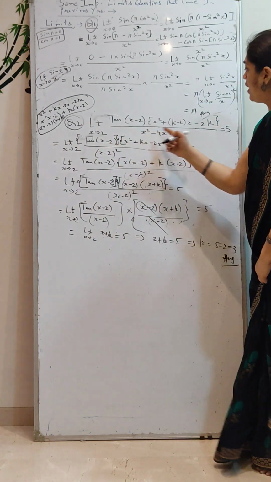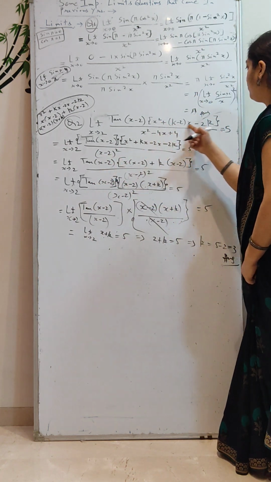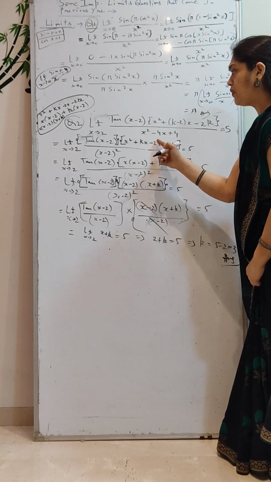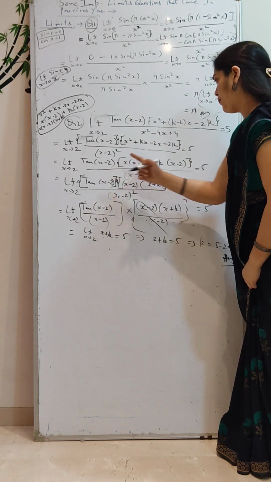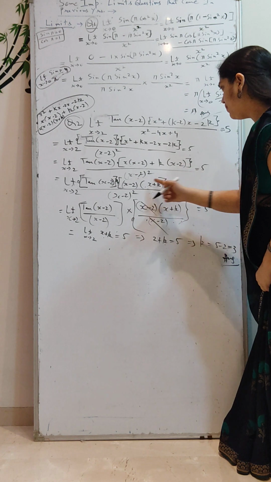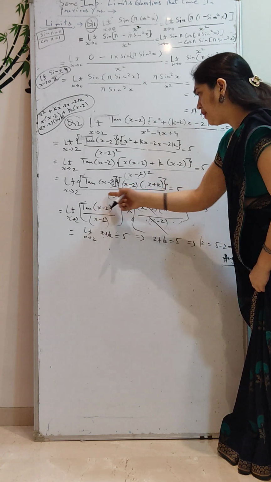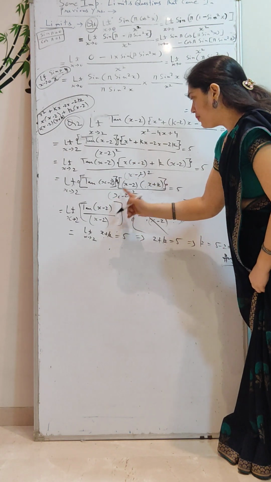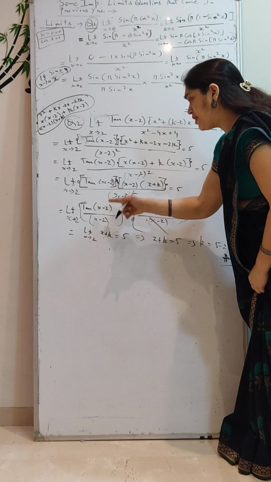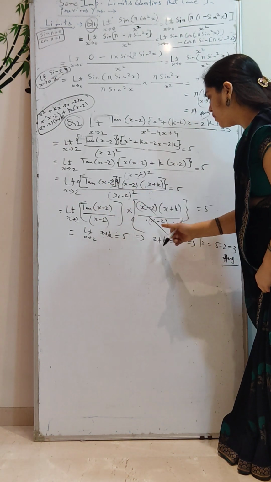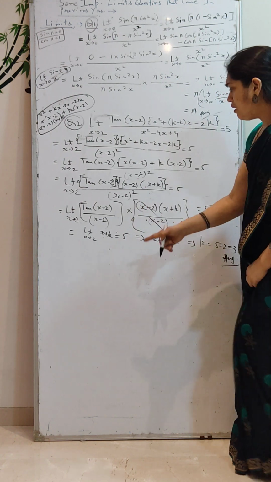The denominator will be converted into x minus 2 whole square, and from the other factor we will try to separate x minus 2. So this whole term will be converted into this form, with x minus 2 whole square in the denominator. One x minus 2 will be shifted under tan(x minus 2), and the other x minus 2 will be cut.